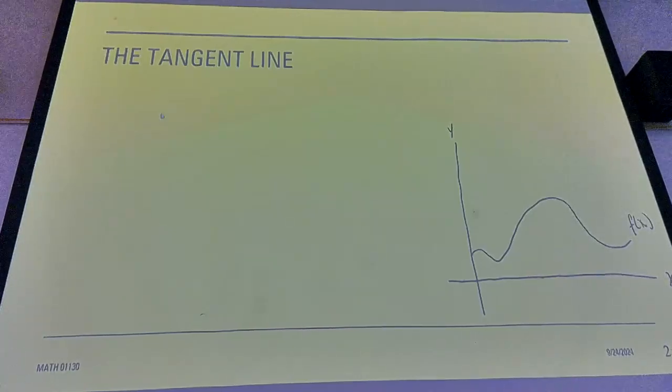All right, so we have some function f of x. Let's call that a. Let's call that point up there b.